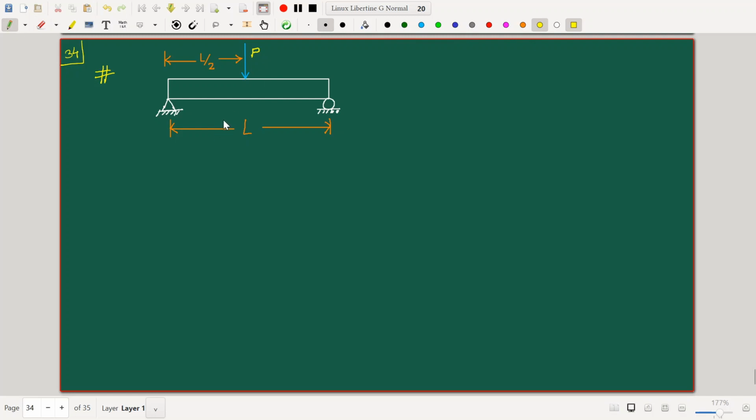And again we are supposed to find out the deflection at the point of application of this force P in the same direction as this force is acting.